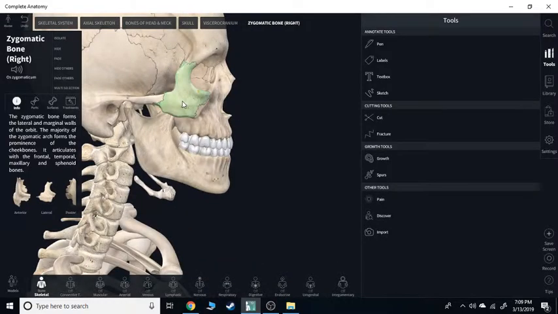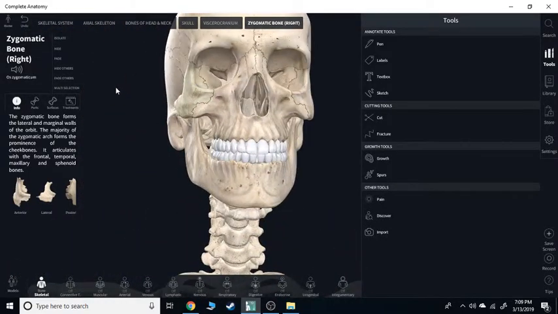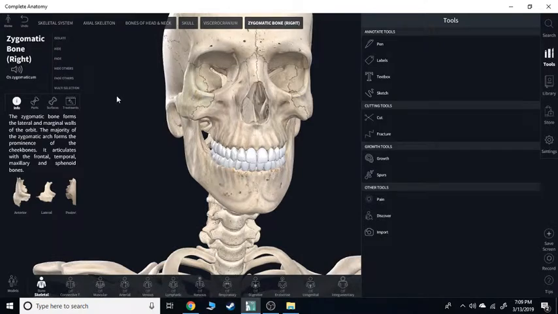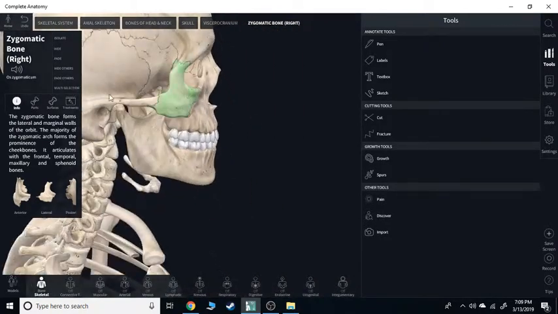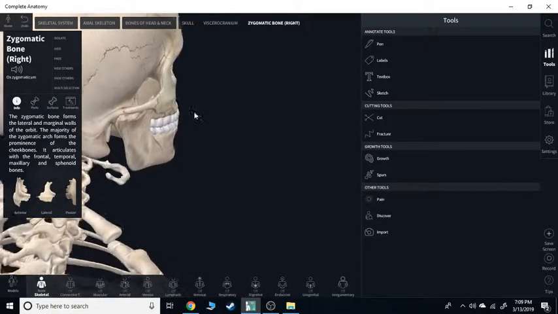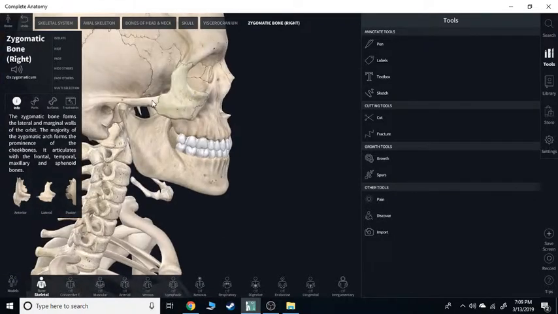Those are your cheekbones. So before we talked about the zygomatic process, on the zygomatic bone, this is called the temporal process. Remember, a process is any part of the bone that's sticking out to connect to something else.